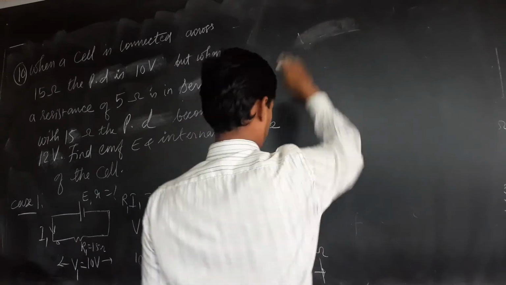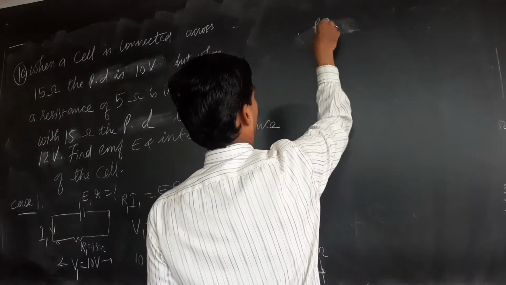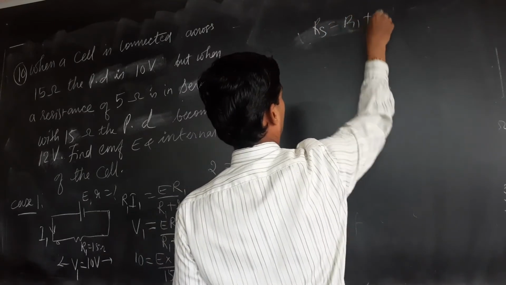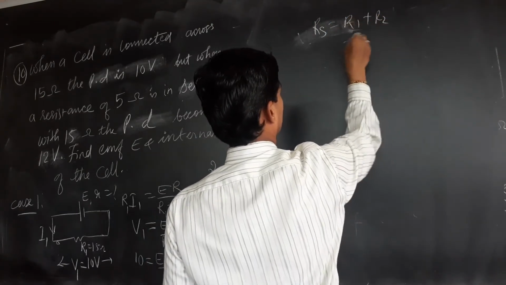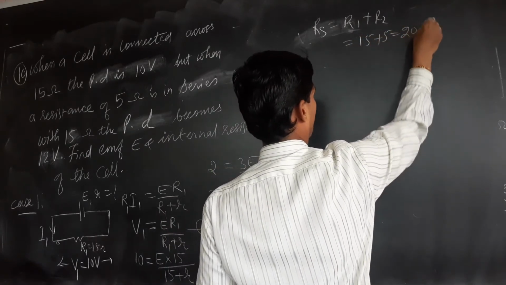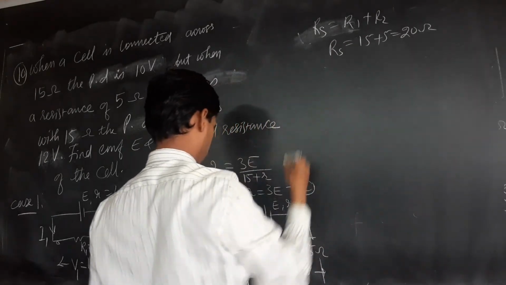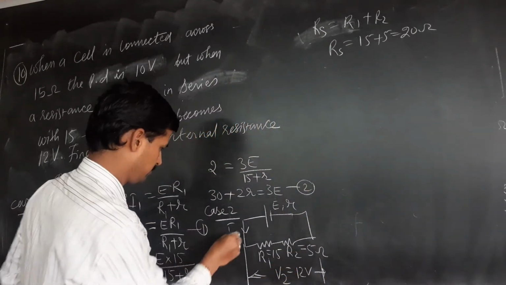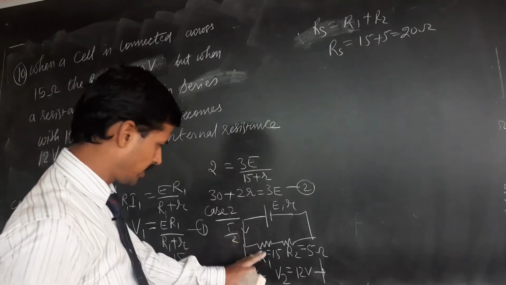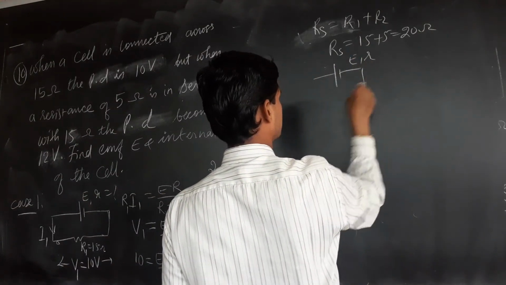Please pardon me, first find the equivalent resistance of these two. That will be RS is equal to R1 plus R2, that is 15 plus 5, that is 20 ohm. This circuit becomes E as it is, r as it is.